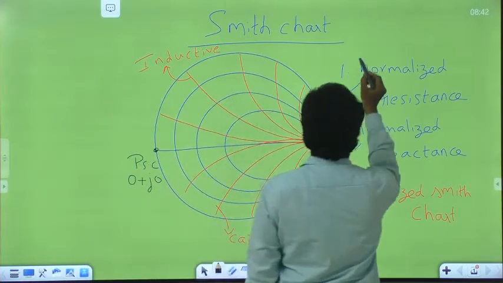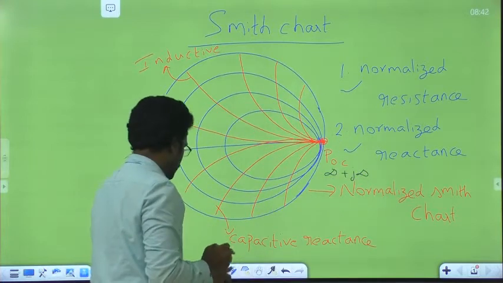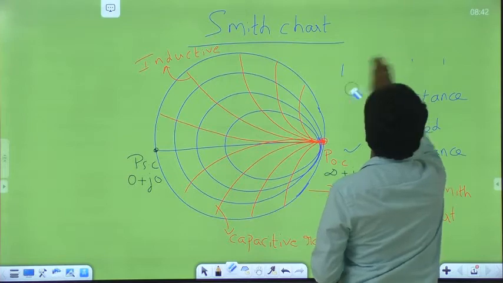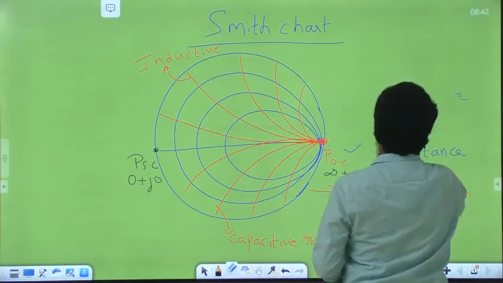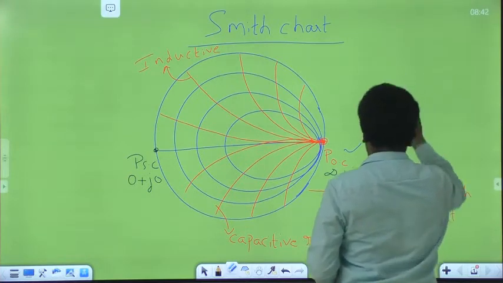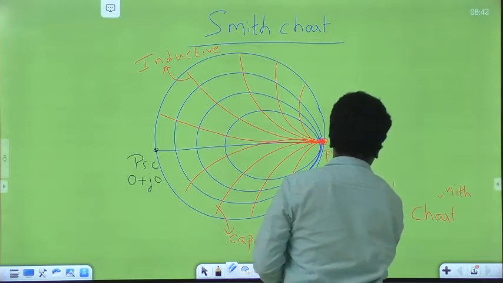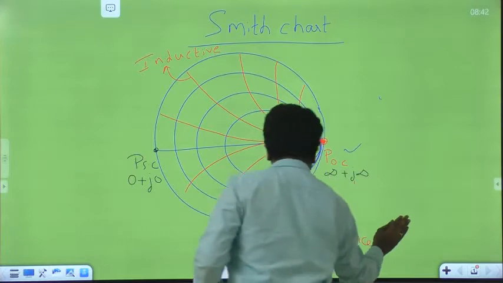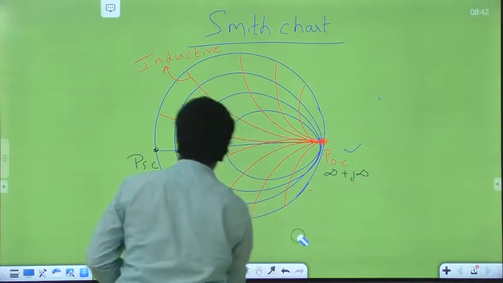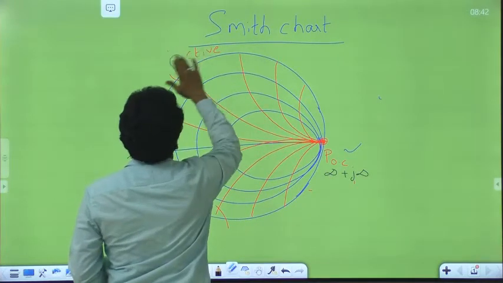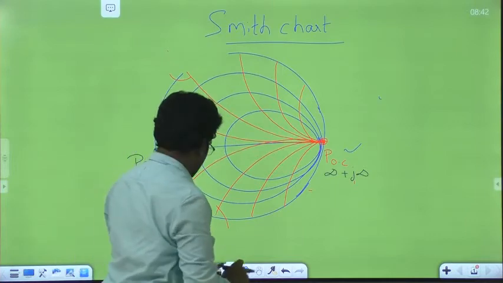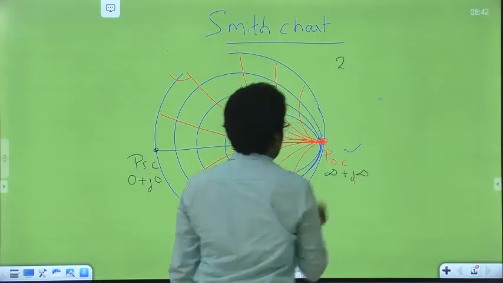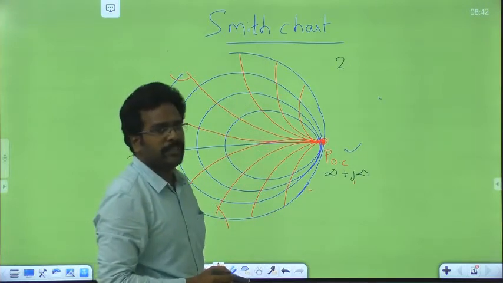Coming to the second point, the distance between PSC and POC.